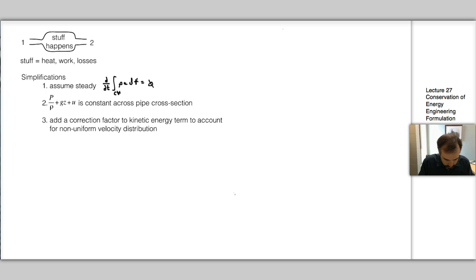So if we pull that out of the integral, this becomes P over rho plus gz plus u times the integral over the control surface of V squared over 2 V dot rho dA. So we pulled all that out.